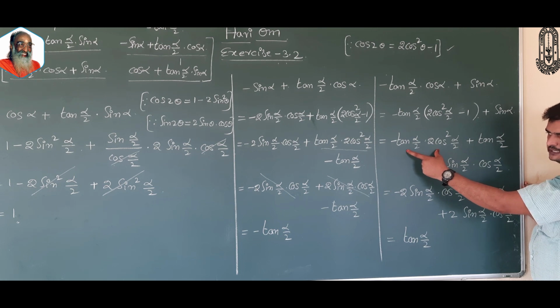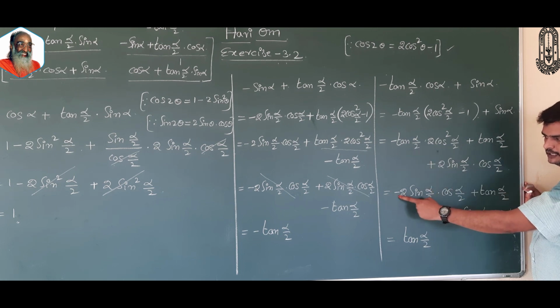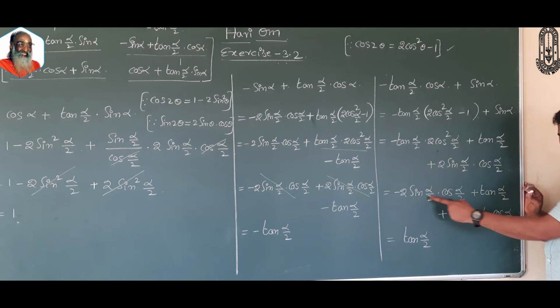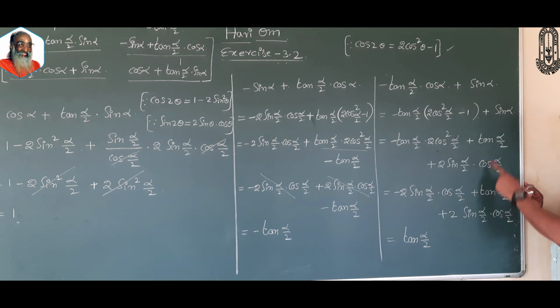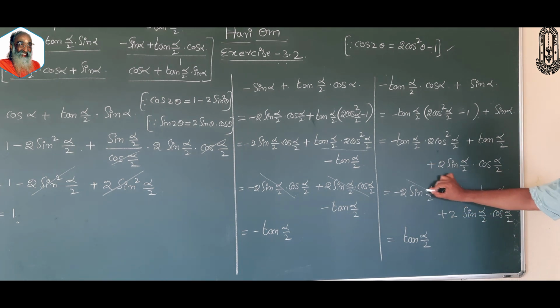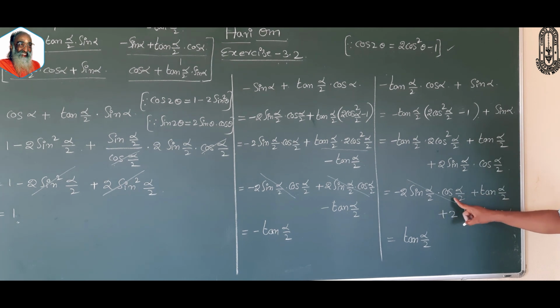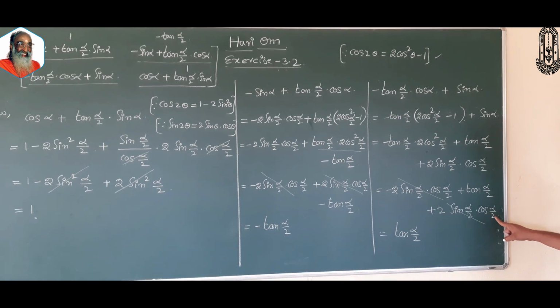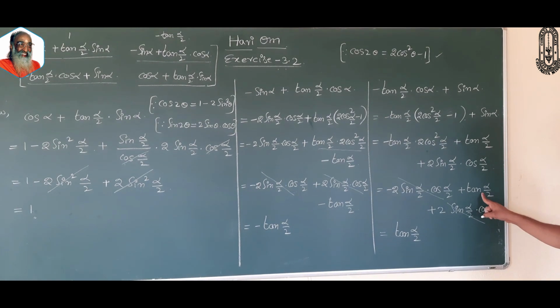When we simplify this part, you will get minus 2 into sin alpha by 2 into cos alpha by 2 plus tan alpha by 2 plus 2 sin alpha by 2 into cos alpha by 2. When we observe here, minus 2 sin alpha by 2 into cos alpha by 2 and plus 2 sin alpha by 2 into cos alpha by 2 get cancelled.